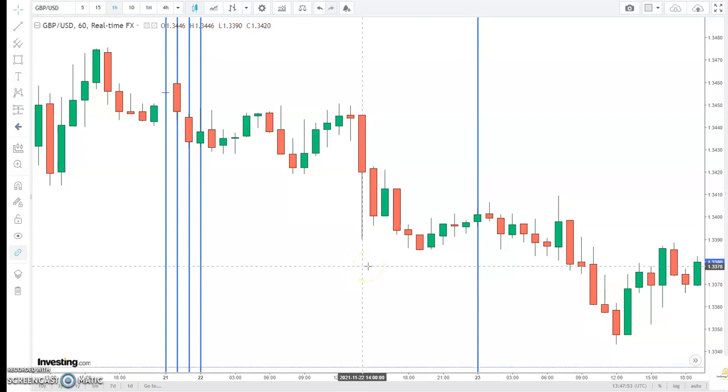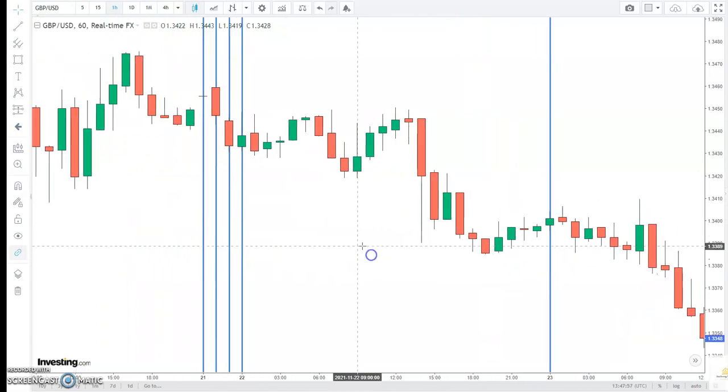So before I go too far, I want to give you just an idea on a full day so that you get an understanding of how the day works. 1 hour candle. So each one of these candles is 1 hour. If you go and count them, you'll find that there's 24 hours. Why? Because the day starts at 12 and it ends at 12. And if this is 1 hour, therefore it should be 24 candles.